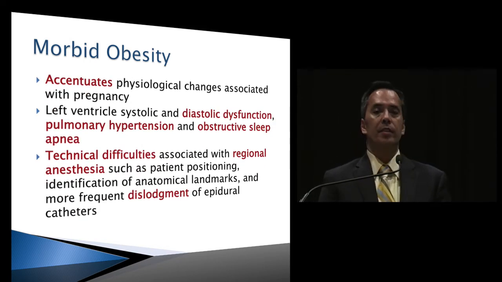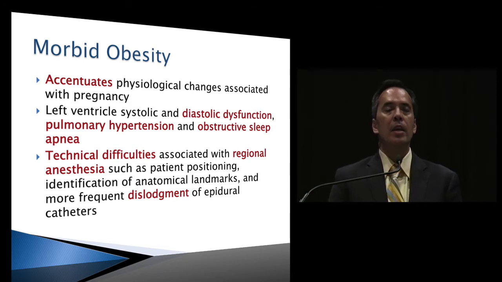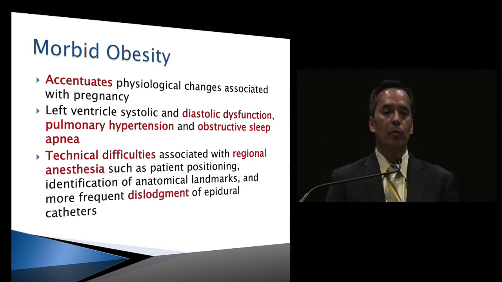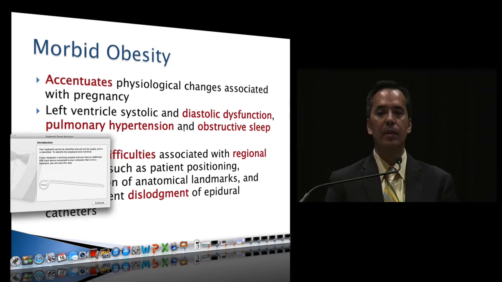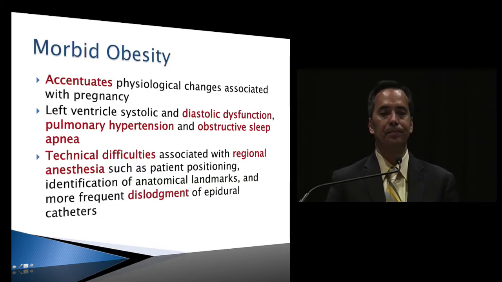Morbid obesity accentuates the physiological changes associated with pregnancy. It's not uncommon that morbidly obese patients can have left ventricular systolic and diastolic dysfunction. They can have pulmonary hypertension, obstructive sleep apnea, and also, as I alluded to, technical difficulties with regional anesthesia.